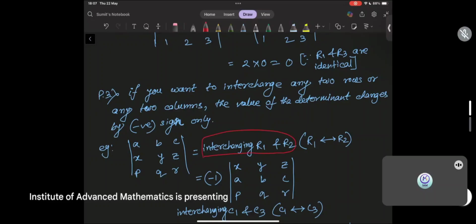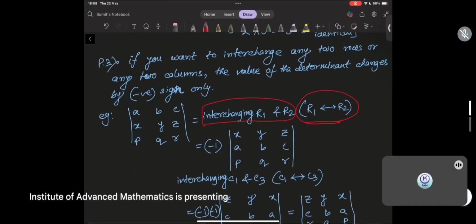Interchanging r1 and r2 means r2 goes to the position of r1 and r1 comes to r2. If we interchange, a minus sign comes outside. So x y z comes first, a b c comes second, and p q r third.